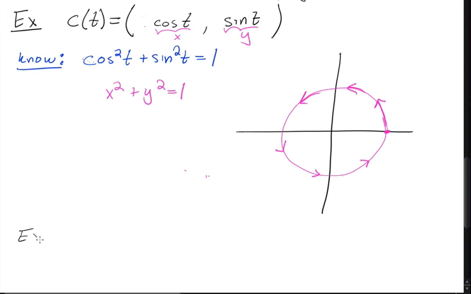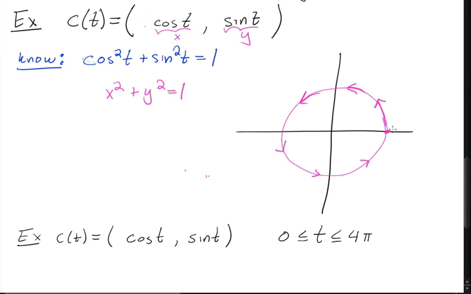Okay, now let's say I add a little something here. I'm going to rewrite it, but this is the same, except that I'm now restricting t to go from 0 to 4 pi. So what does that mean? Yeah, t is going from 0 to 4 pi.